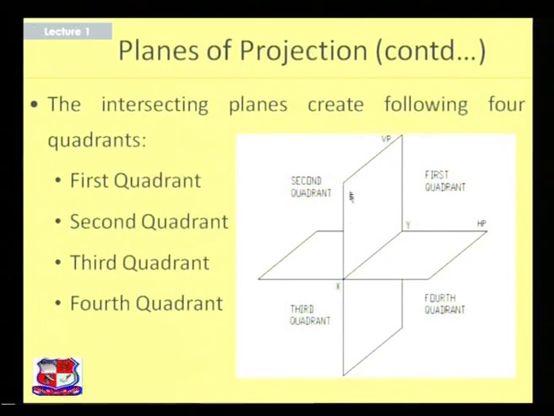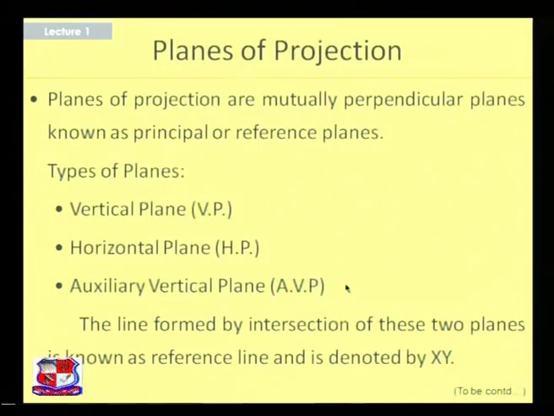Remember well, it is the vertical plane which is in the vertical direction, and at right angle to the vertical plane is the horizontal plane, which is in the horizontal direction. Now this horizontal plane and vertical plane are separated by a line known as the XY line, as we had seen before, right?